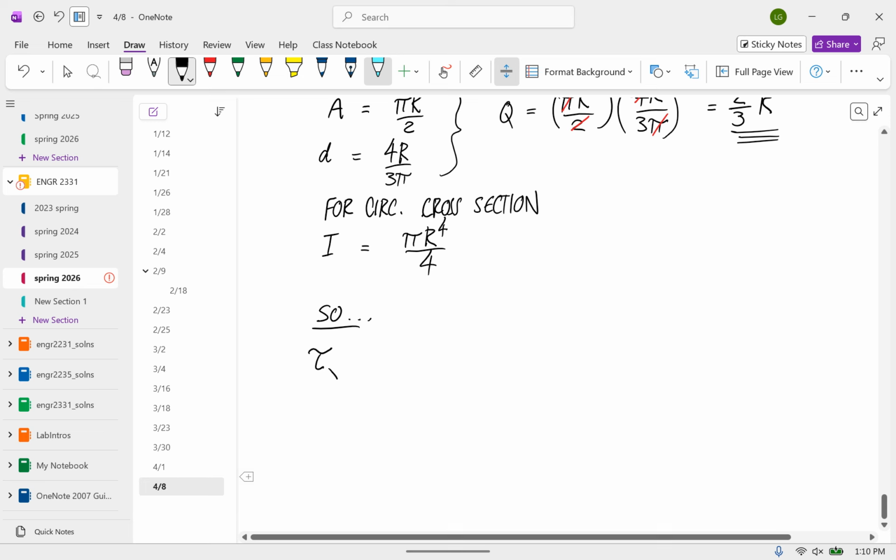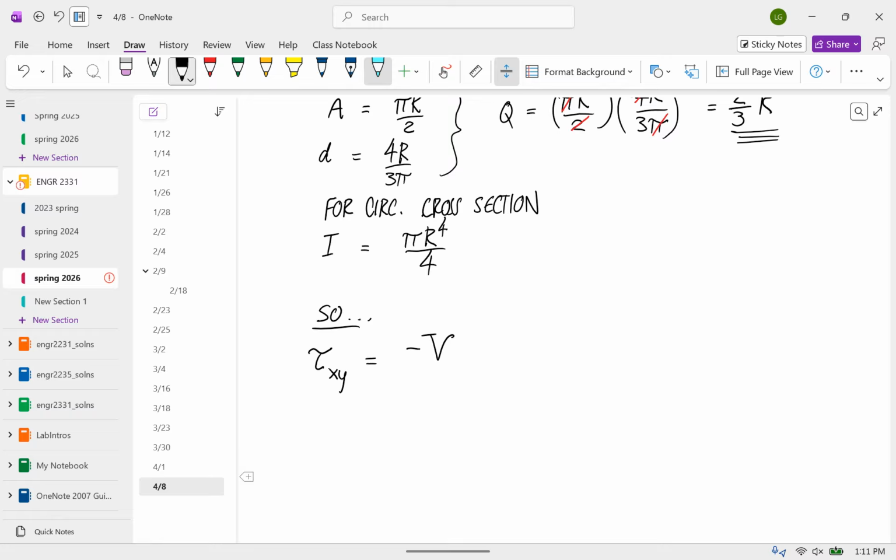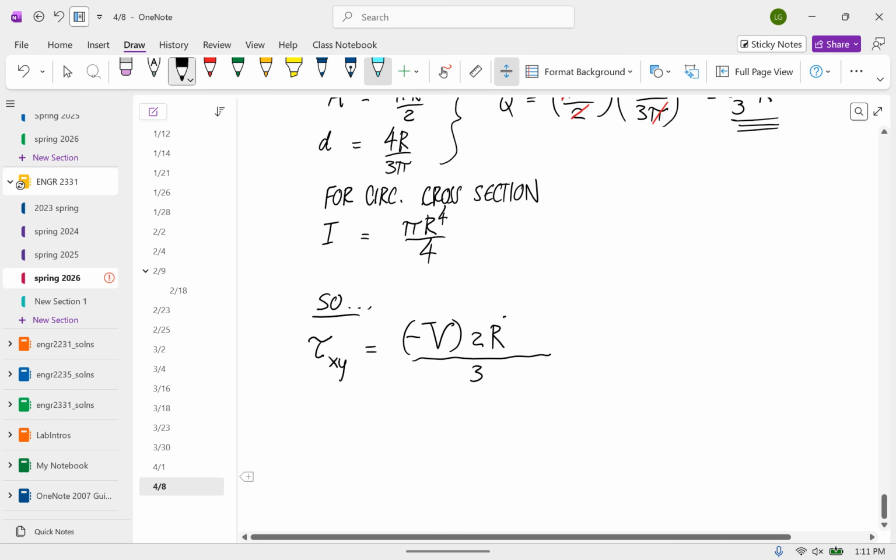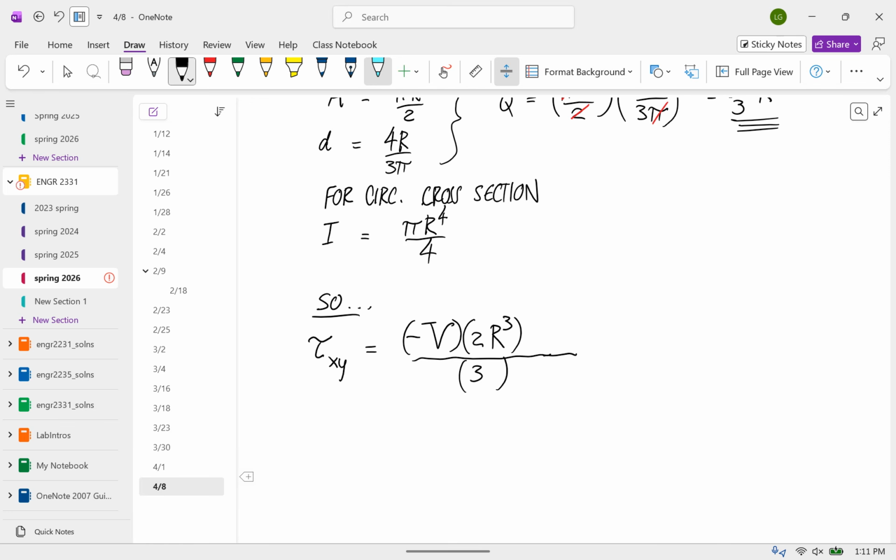Your xy shear stress is negative shear force times this Q, which I'm going to write as 2/3 r cubed. Our b is always going to be the same because we're always doing it right at the center, so that's just going to be 2r.